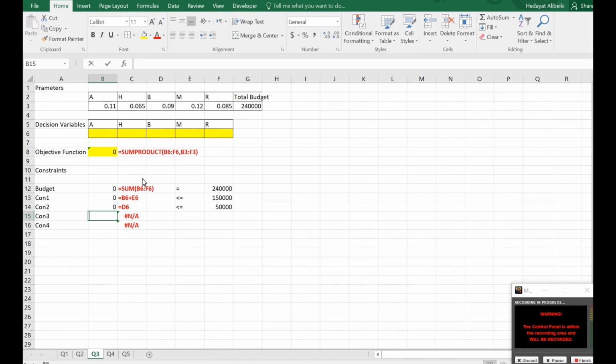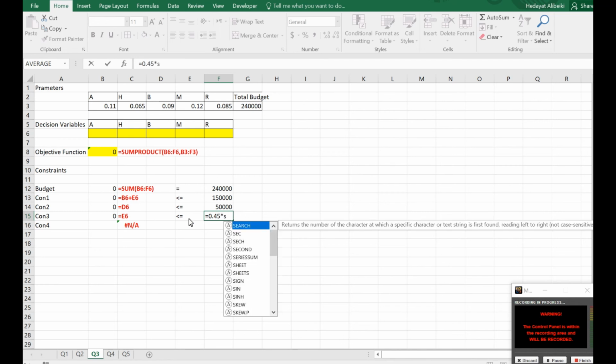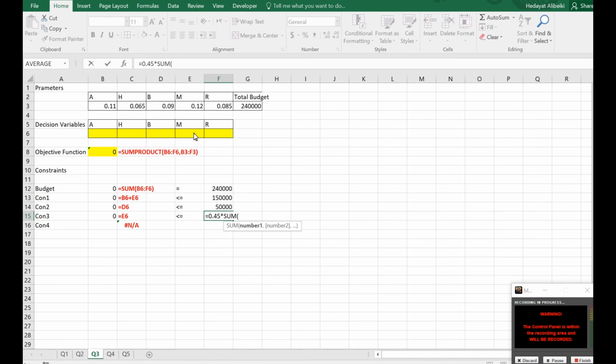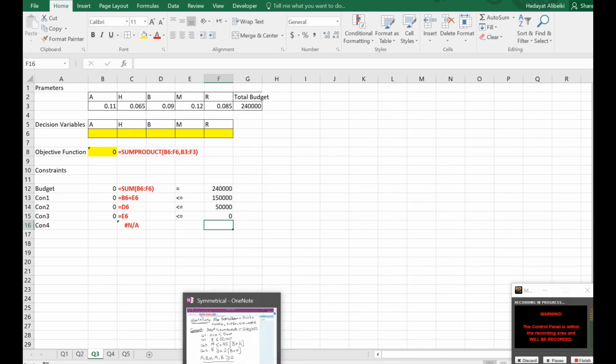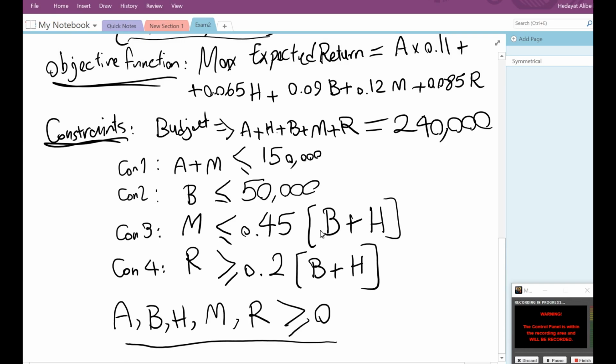So left hand side manufacturing should be less than or equal to 45% of the sum of banking and healthcare, H and B.